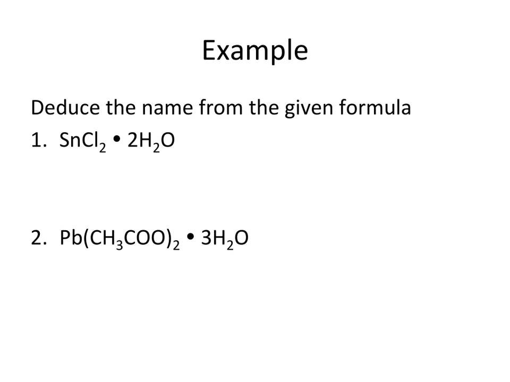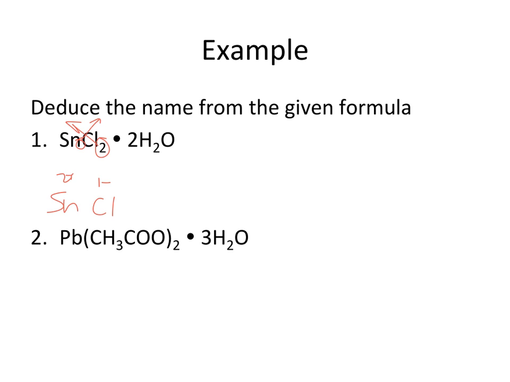So when we look at this compound over here, we have SnCl2, 2H2O. We first have to name what this compound is. The first thing I notice is that it's a metal and non-metal. It is ionic. And this Sn, tin, is a multivalent metal, so I'll have to find the charge. So bring this 2 on top of the Sn, and this 1 on top of the Cl. So I'll have Sn and Cl. This will be 2 plus because it's a metal, it'll lose, and 1 minus because it's in group number 7.